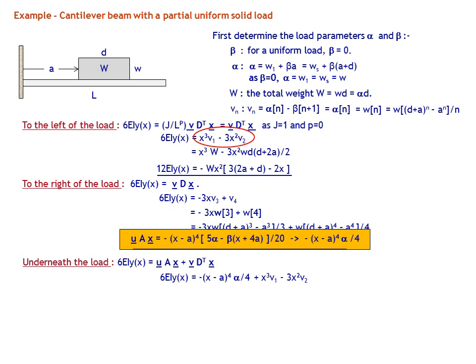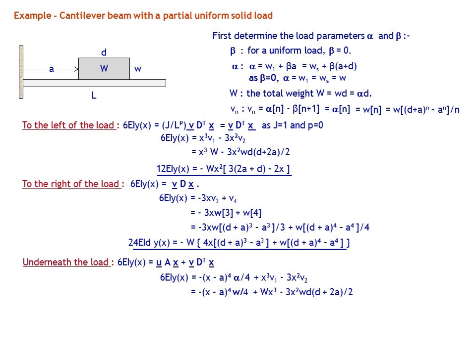The V dtx part is the same as that for the left of the load, x cubed V1 minus 3x squared V2. And when we substitute for V1 and V2 as before, and multiply throughout by D, so that we can convert the weight per unit length, small w, into the total weight, big W, we arrive at the final form for the deflection underneath the load.